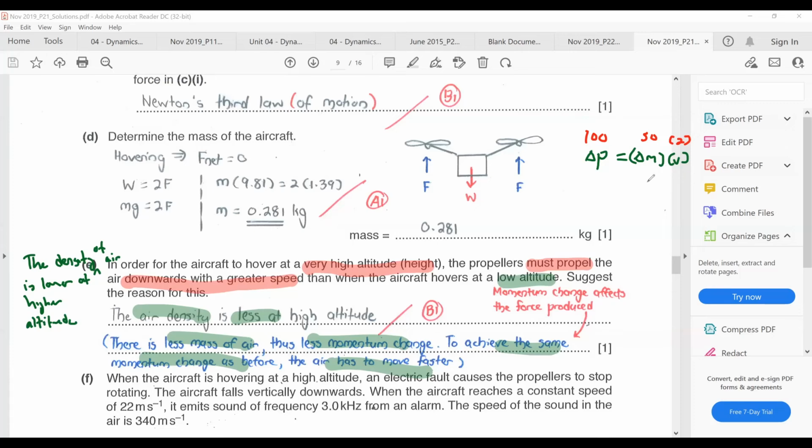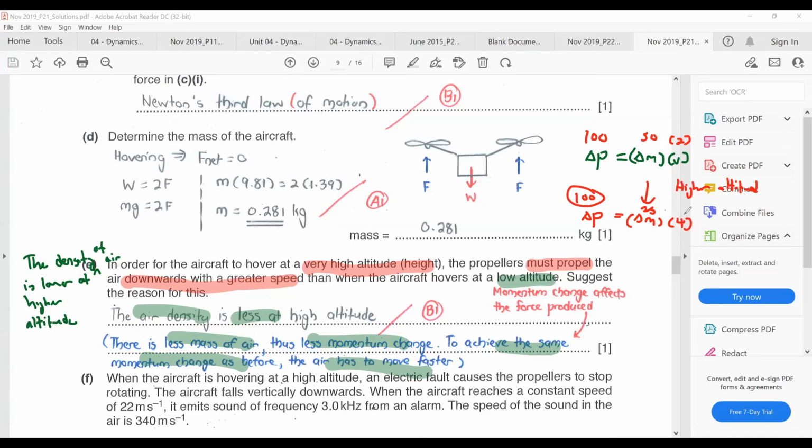Right now, if you have at higher altitude, you still want to have the same momentum change of 100. Okay, but because you're at higher altitude now, the mass of air you can move is now lower. Maybe this one is at 25 now. So you want to still get the same momentum change as before.